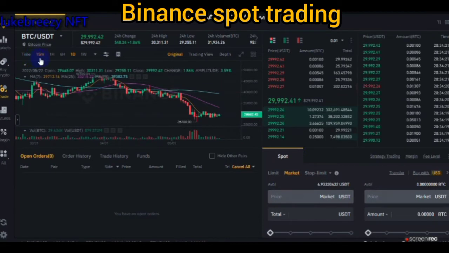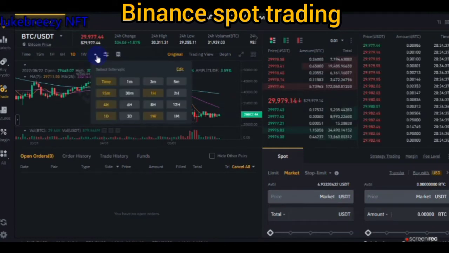Now, when you look down below, you see time. This is called the time frame. Here you can view the chart on the 15-minute time frame, the 1 hour time frame, the 4 hours time frame, a day time frame, a week time frame. And if you want to view more, you click on this button here. It will tell you to select your interval.